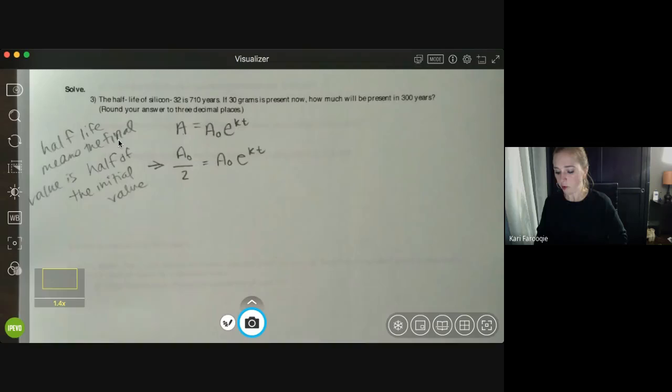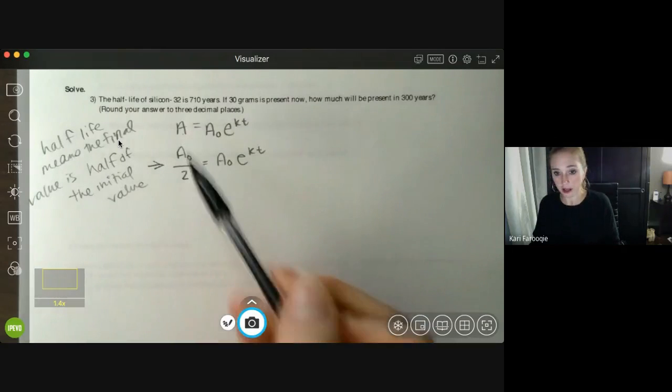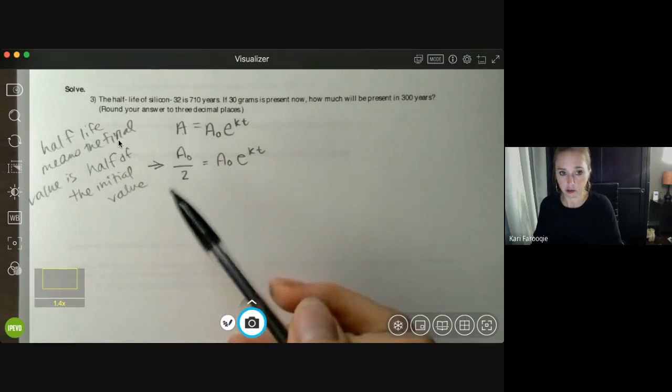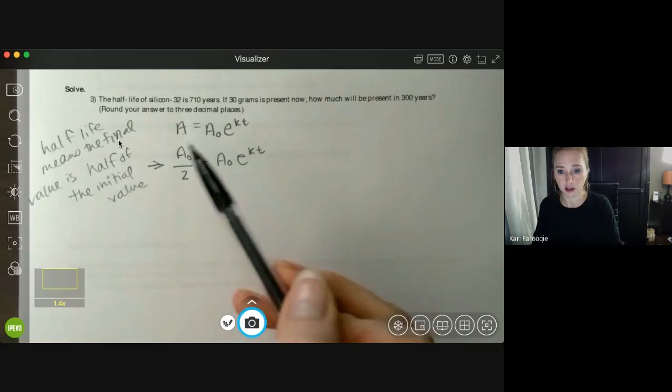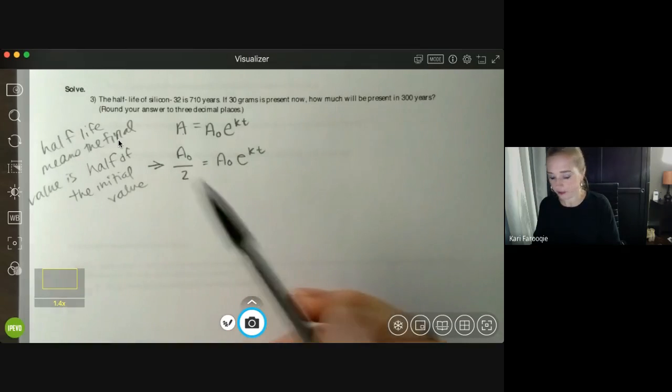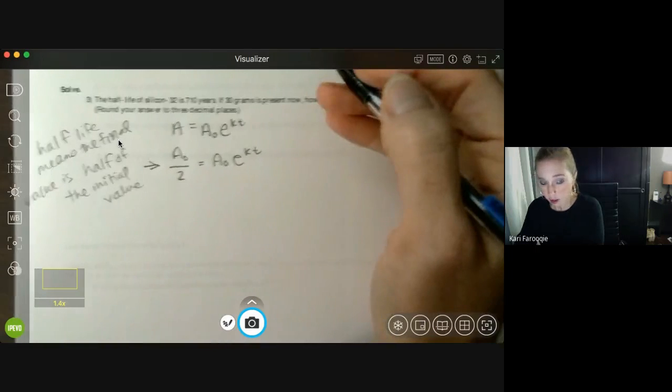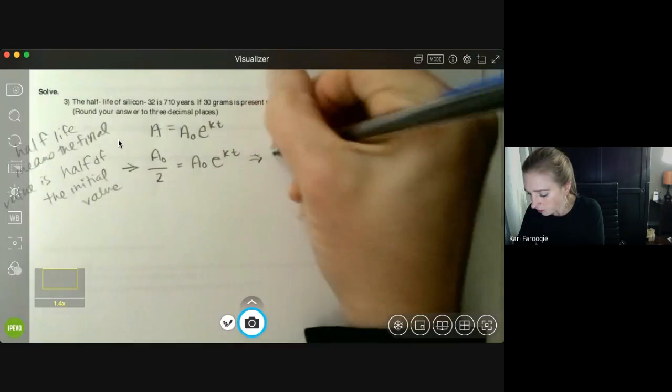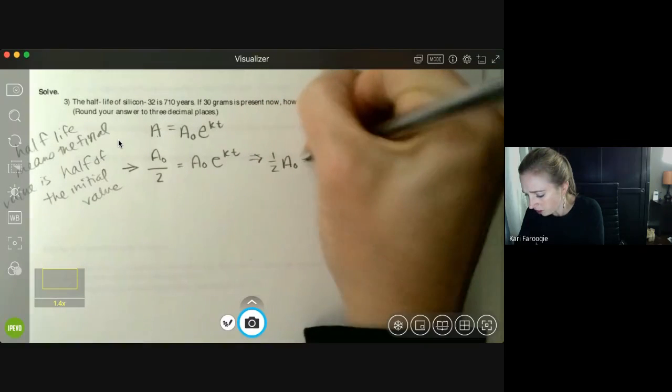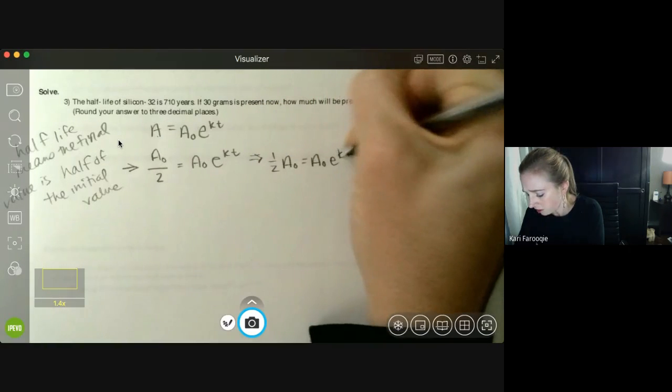Okay, so we want the final value, which we normally call A, to be half of the initial value, which is a sub naught. So we're just going to let the final value be a sub naught over 2. Now, if you want to think about it this way, you could write this as 1/2 a sub naught equals a sub naught e to the kt.